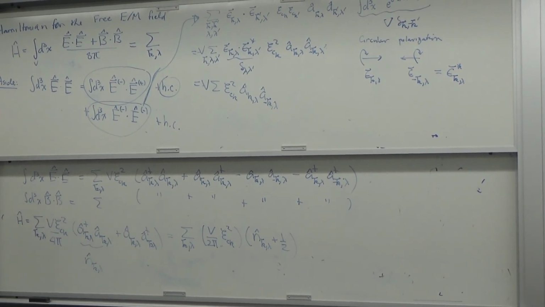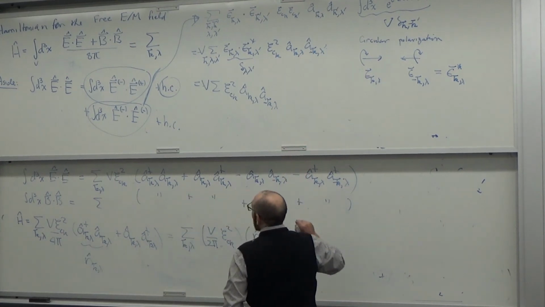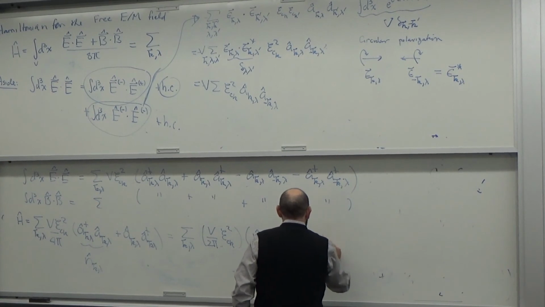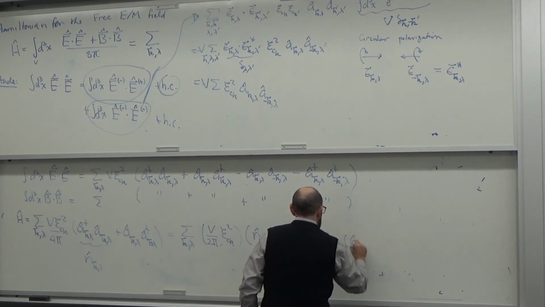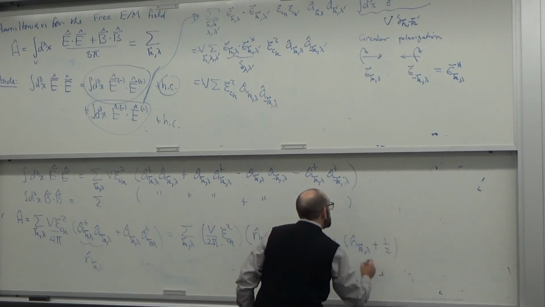So now I ask you, what is the characteristic scale of the electric field associated with a given mode? Like square roots with omega. Yeah. So this is supposed to equal the sum over the modes of h bar omega, n plus a half.